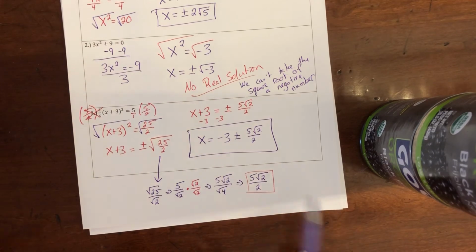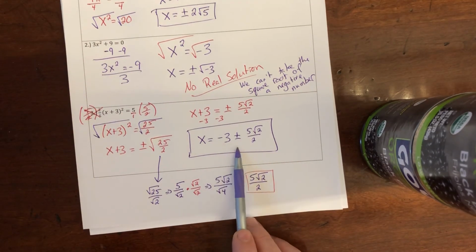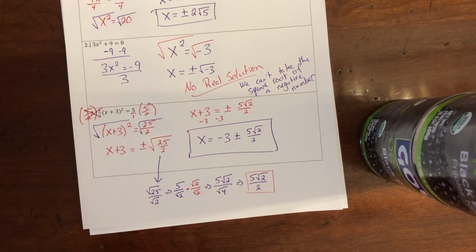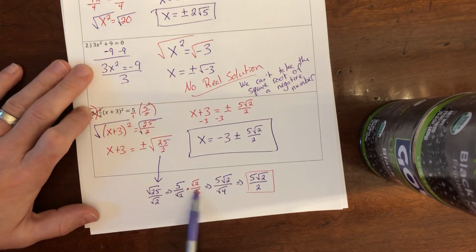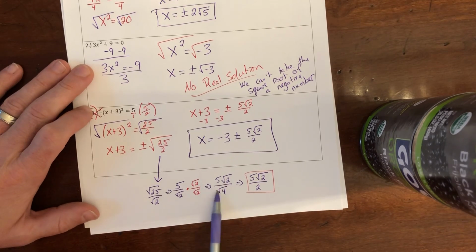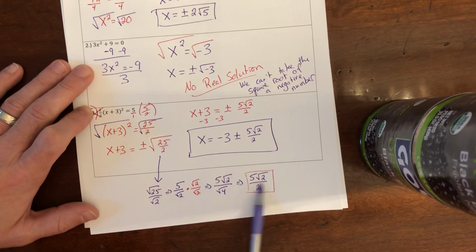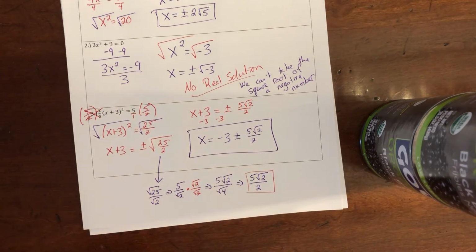Those would be our solutions, roots, or zeros of the quadratic function. Understand that if you rationalize the denominator, you wouldn't need to write this step. That's why we rationalize the denominator: it will always just come out as 2.